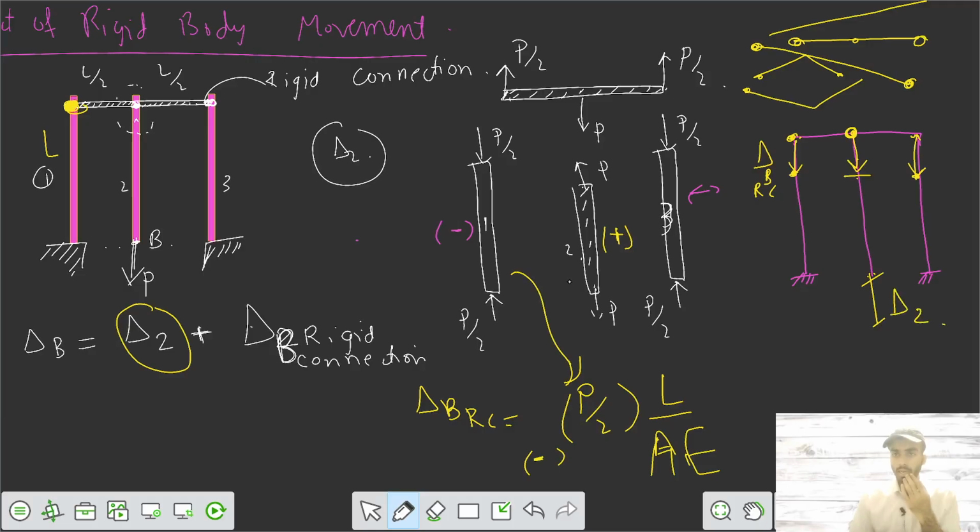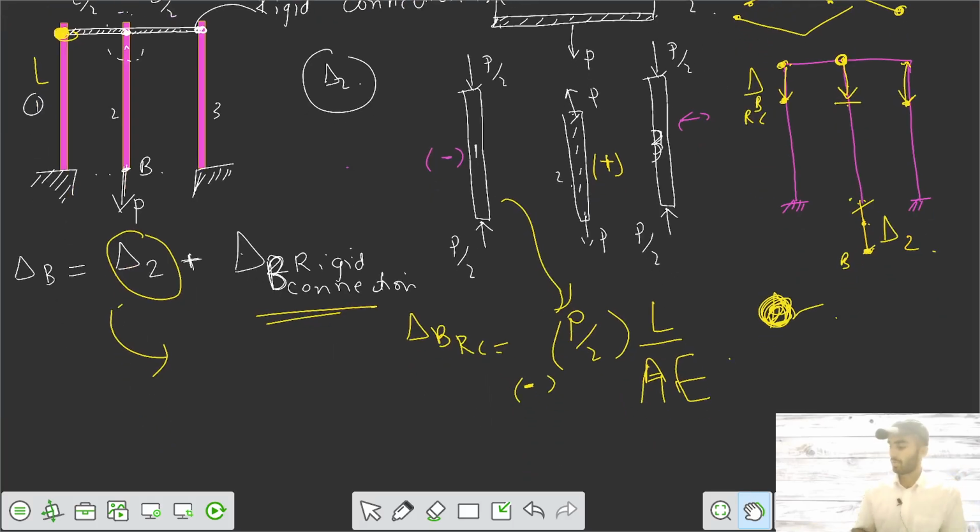So your point B was somewhere here. This was your point B. So it has gone under a deflection of delta 2 plus delta B rigid connection, and this is your concept. Let's take one problem on this part.